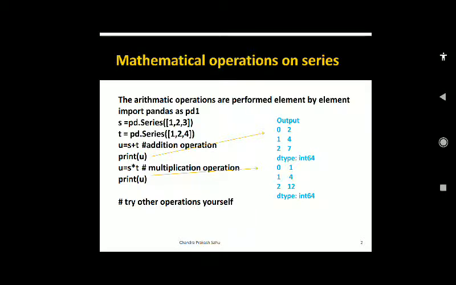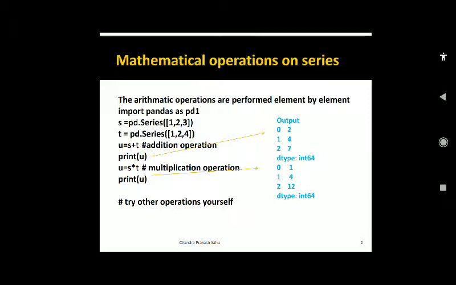And you can observe at the right hand side in the output that when you add the first two elements of S and T, you will get 2. The second two elements addition will be 4 and third two elements addition will be 7.